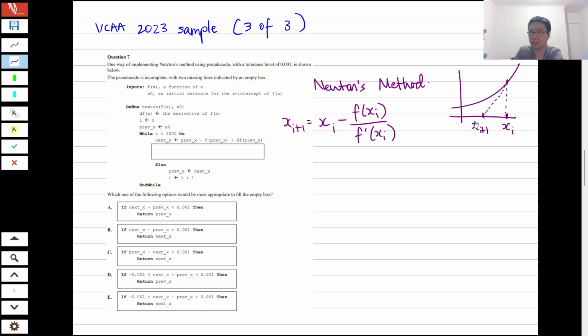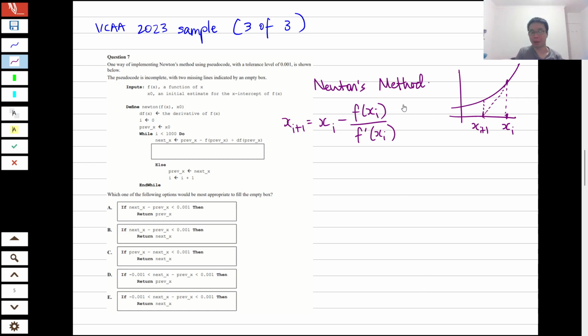Draw a tangent to the graph, and find where that graph intersects the x-axis. The x-intercept of that straight line, which is a tangent, is your new guess for the x-intercept, and you continue repeating this process. So if you wanted to, you could do this, and that will give you your next guess.